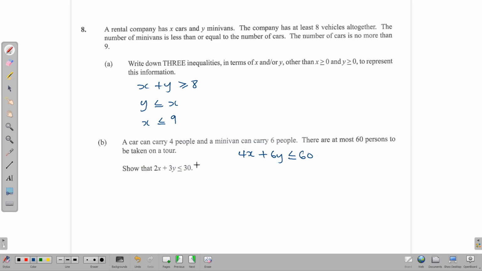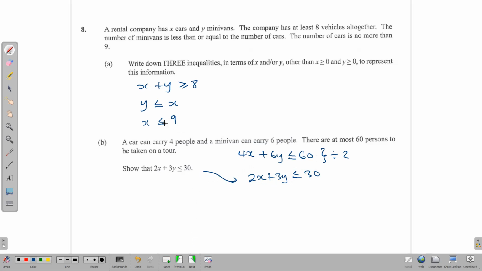When it says to show it, it's pretty much related to that. So we go through and divide this by 2. And 4x divided by 2 gives us 2x. And 6y divided by 2 gives us 3y. And 60 divided by 2 gives us 30. So there we go. We have shown that this situation coming from that one.